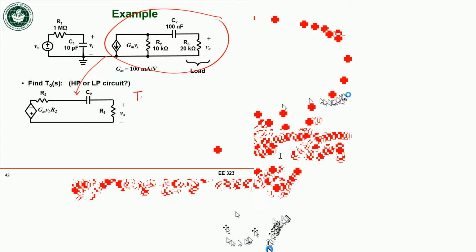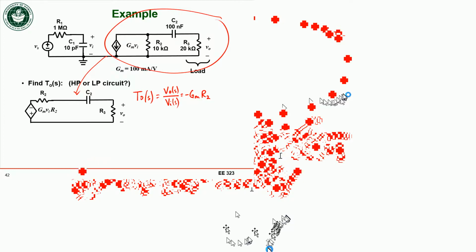And then if you look at the transfer function of this output side of the circuit, that is the voltage across R3 divided by VI, and that is the voltage of this source normalized to VI, because I moved VI over to the left-hand side of the equation.